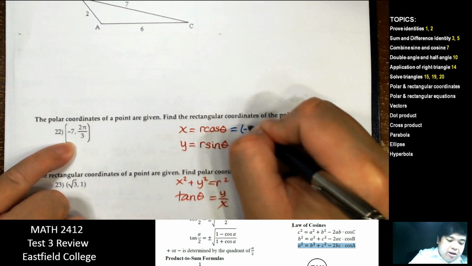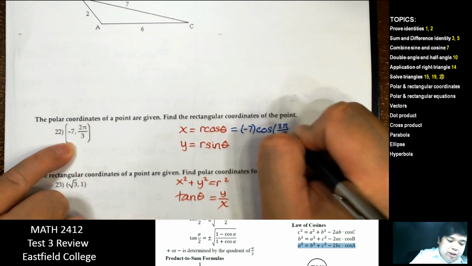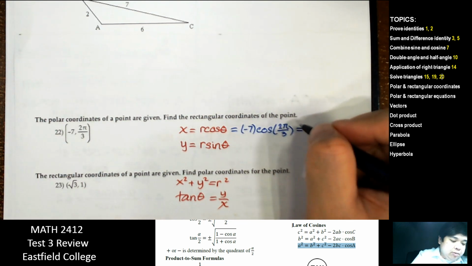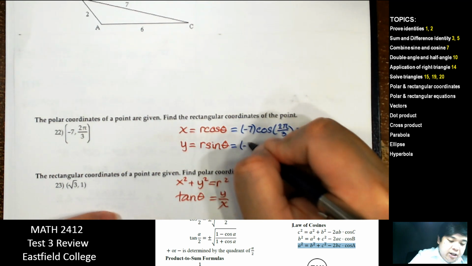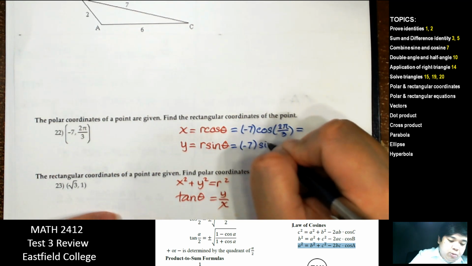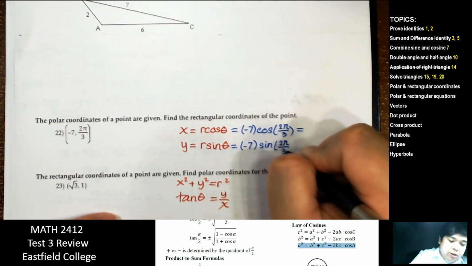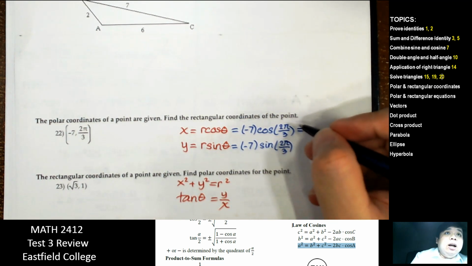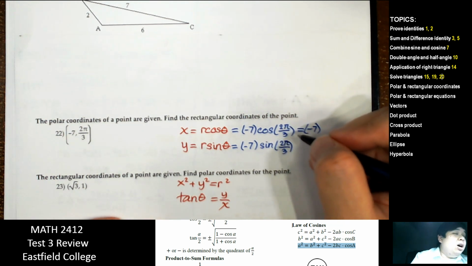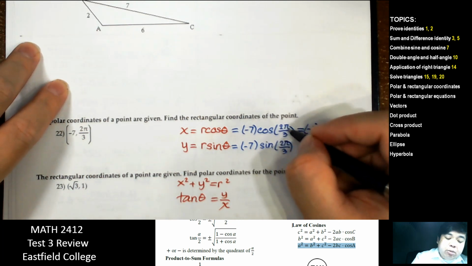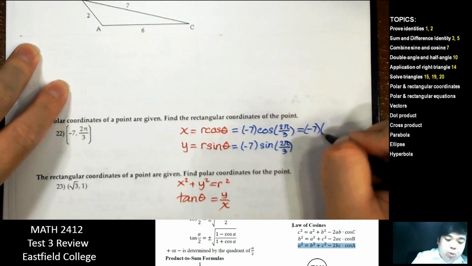r is -7, so x is -7 cosine of 2 pi over 3, and then y is -7 sine of 2 pi over 3. Right, will be -7 times cosine of 2 pi over 3, which is a multiple of pi over 3, which means 1/2.